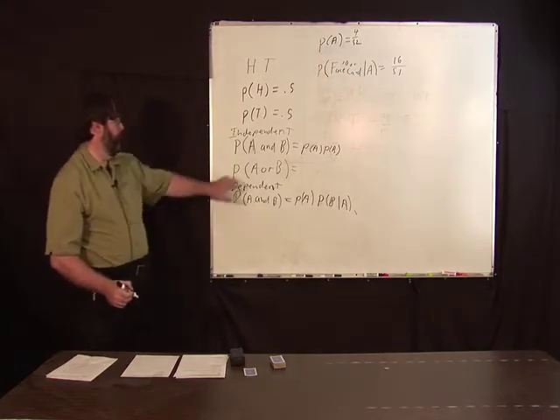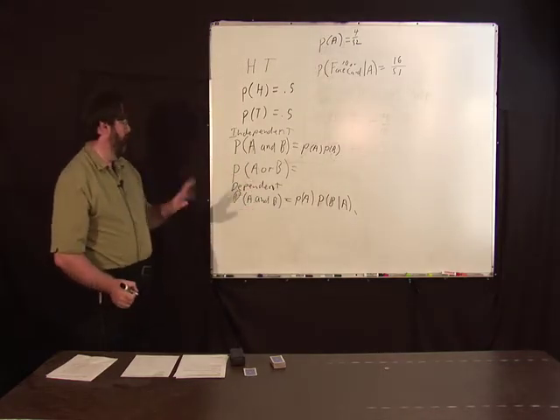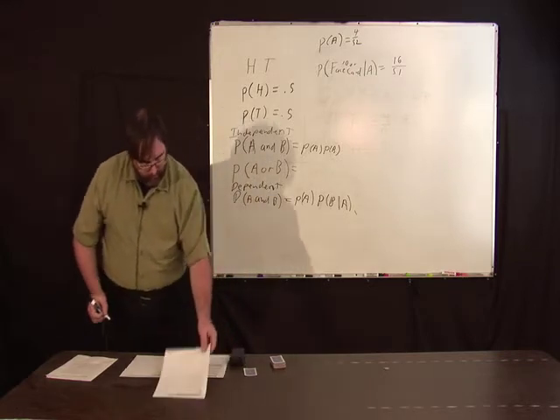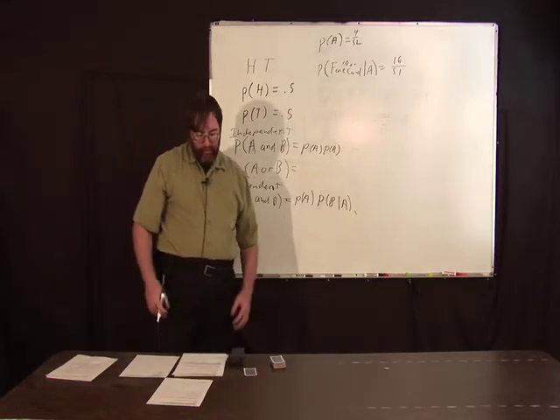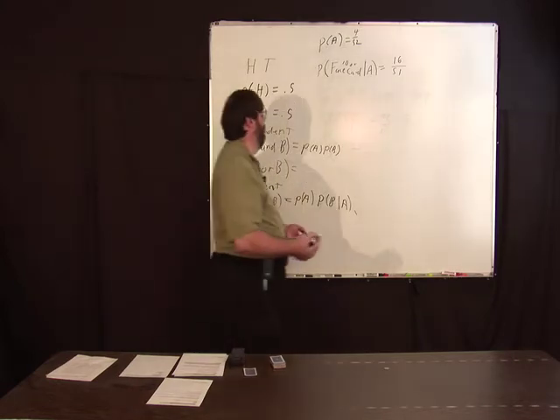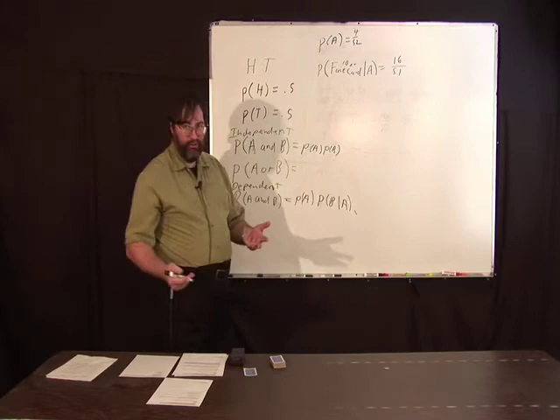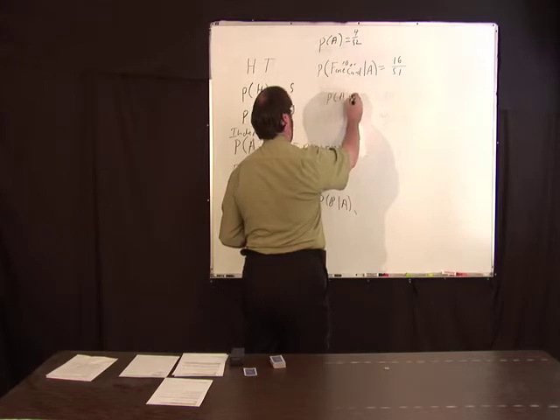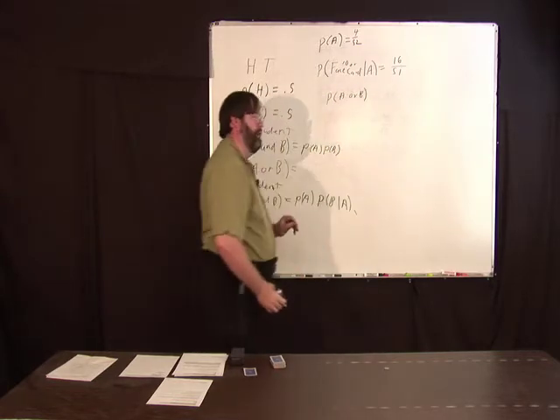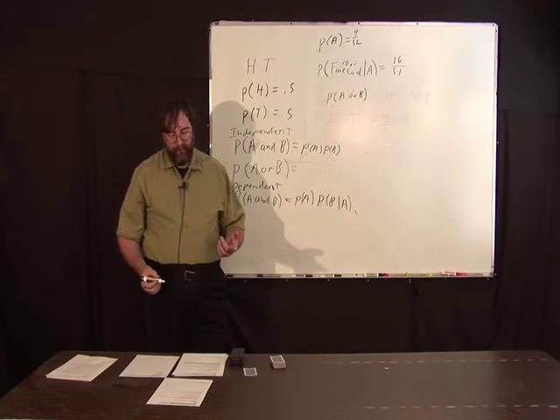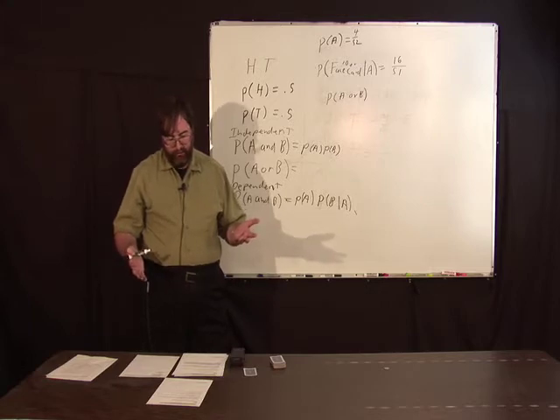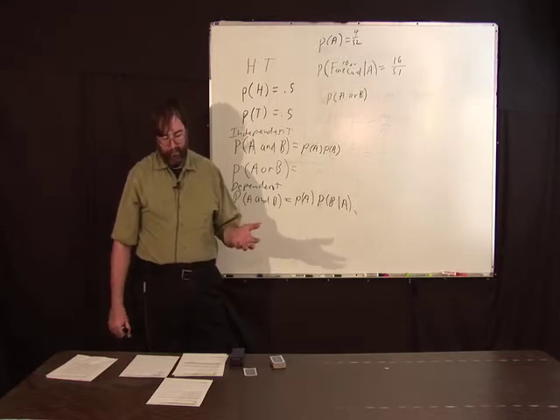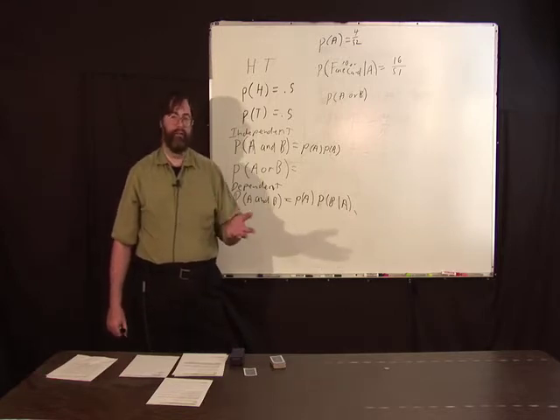Okay? Now what if there's a probability of A or B? What's the probability of A or B for non-mutually exclusive events? In this case, let's say the probability of drawing an ace, and then the probability of then drawing a spade.